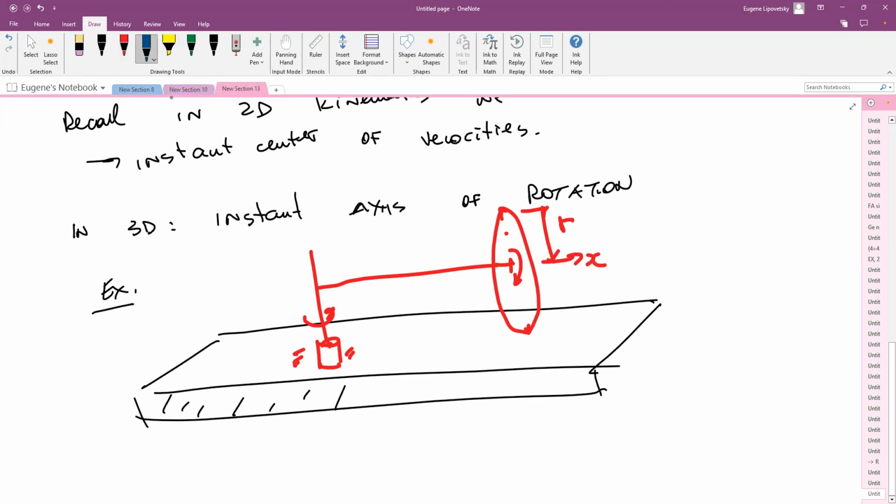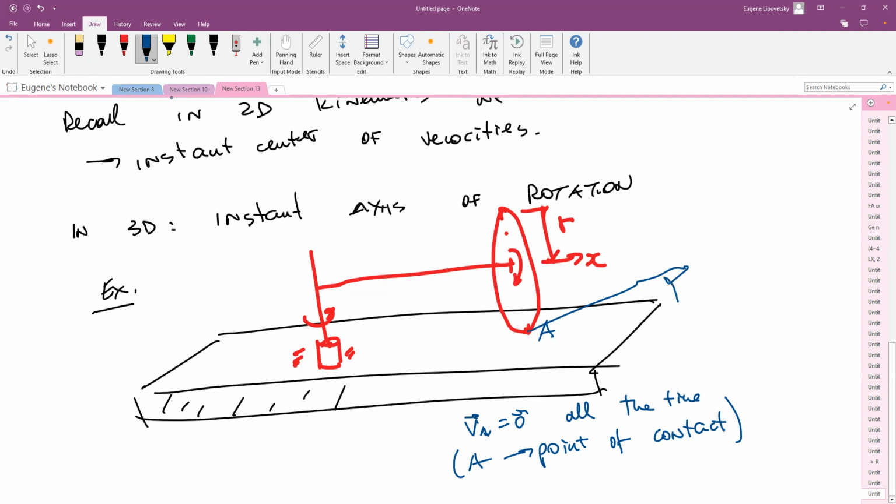So what you notice is the wheel is moving, with this point being point A, and we can say the velocity of A is 0 all the time. But A is the point of contact. So once it moves a little bit, the A will be above, but the point of contact velocity is 0. So velocity here is 0.